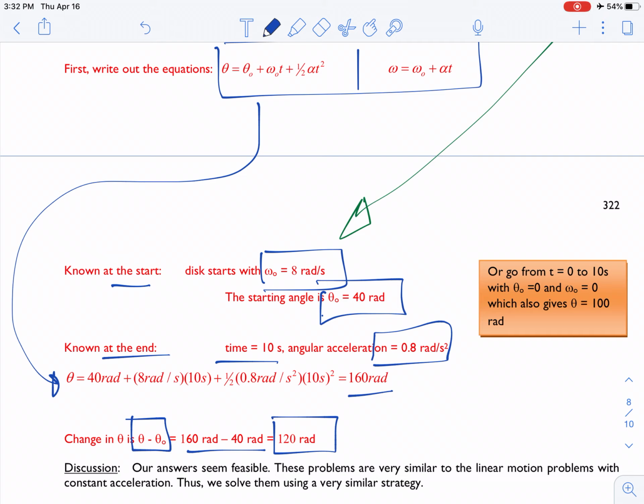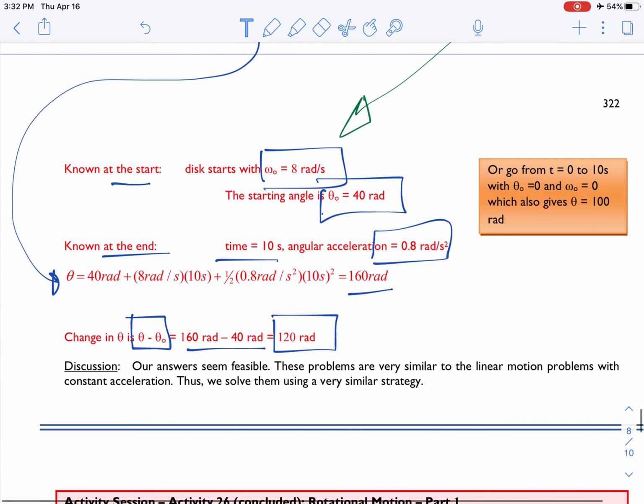So the total motion is up to 20 seconds. Okay, so this is the last 10 seconds, how much the position was changed. Or it's the angular displacement from the first 10 to the last 10.